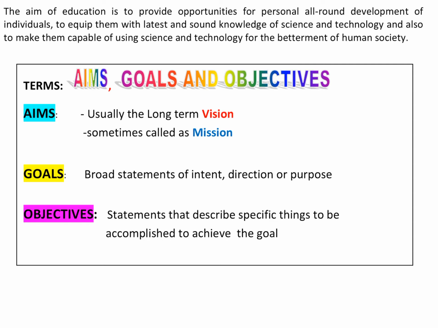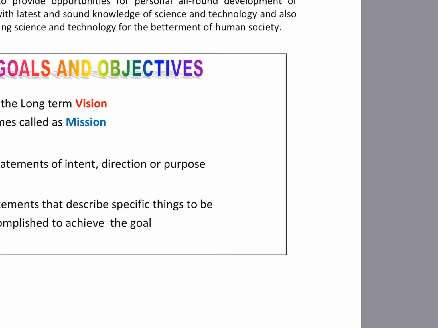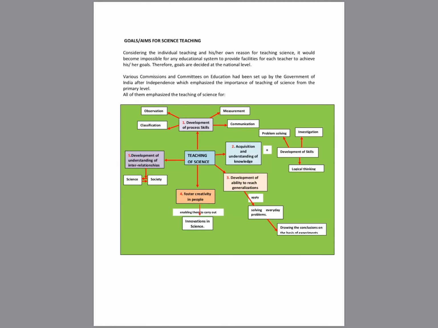So in this presentation you will find the use of the word goals as the guiding principles also. That we'll be dealing with a little later in this particular class.